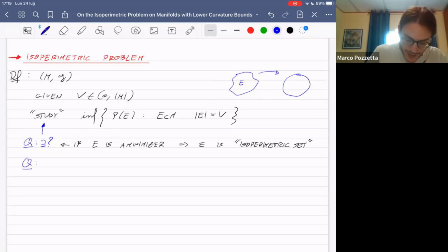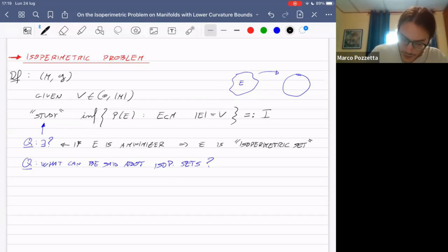Like, what can be said about isoperimetric sets, but also what can be said about the value of the infimum. The value of the infimum has a name that I'm going to define now. So the value of the infimum, I can see it as a function of the volume.